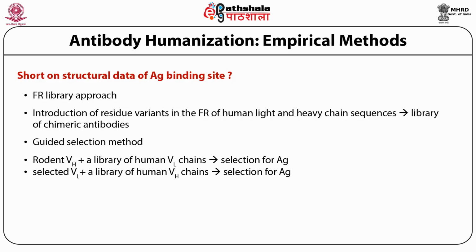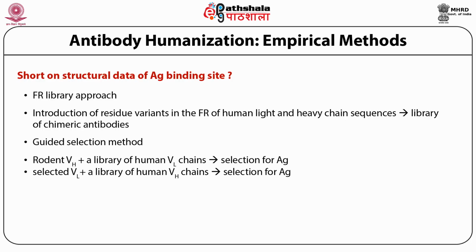The construct or chimeric antibody which shows the highest antigen binding is then panned against a library of human VH chains. So the VL light chain variable domain, which was selected from the previous step, is further utilized for generating the next library.